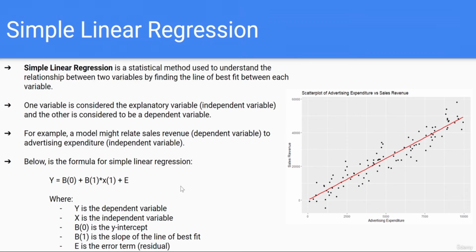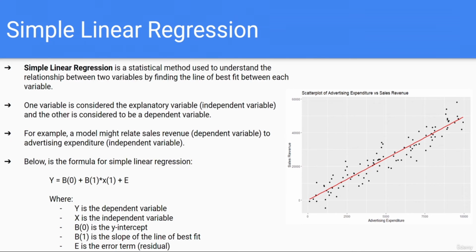For each additional one unit increase of advertising expenditure, we get a beta 1, the first beta coefficient, increase in sales revenue. That's what it means for the slope of this line. And this error term right here is the difference between each of these points and the line of best fit.